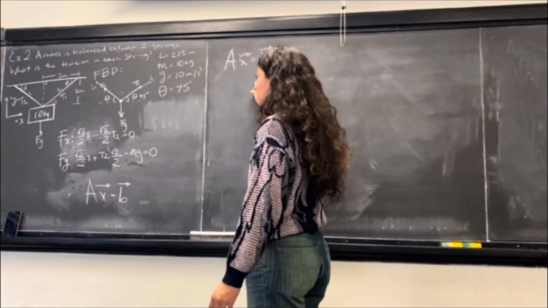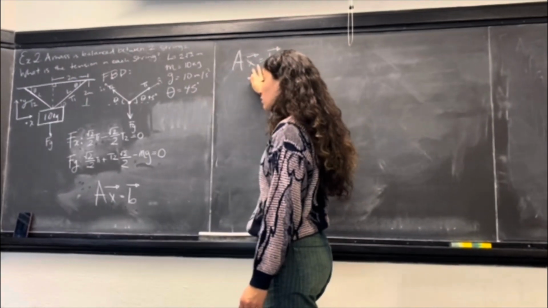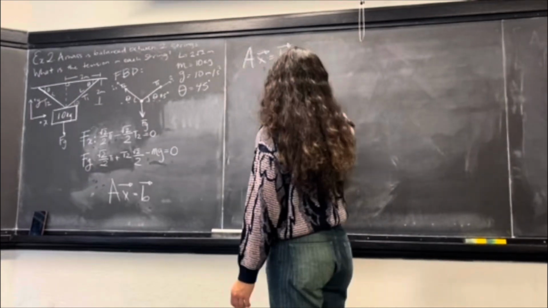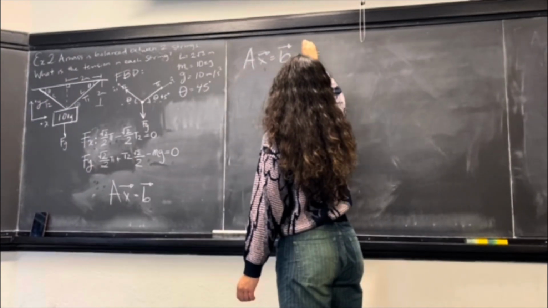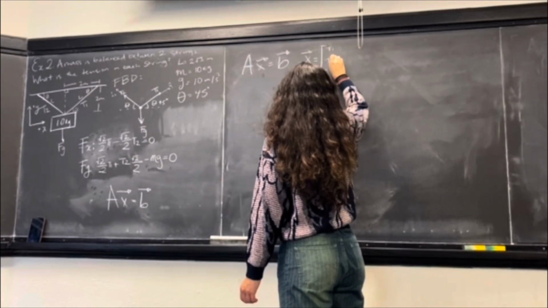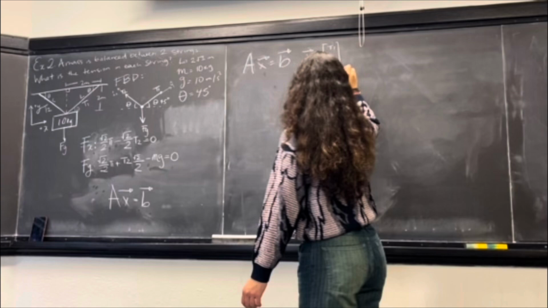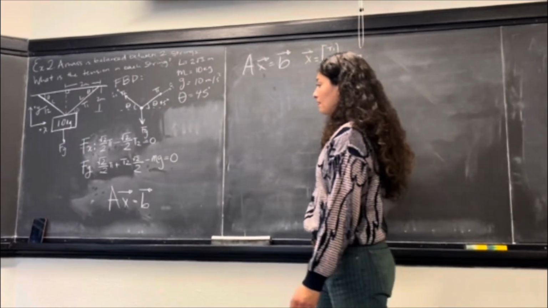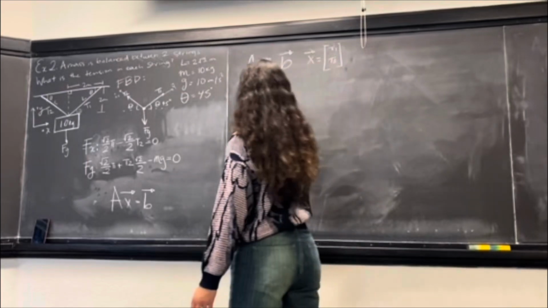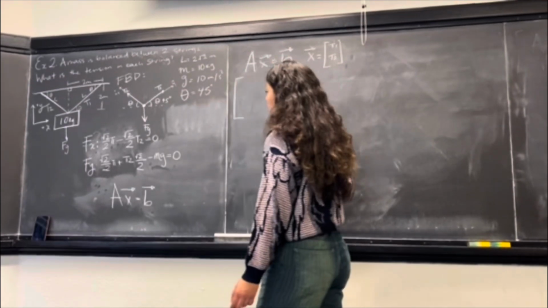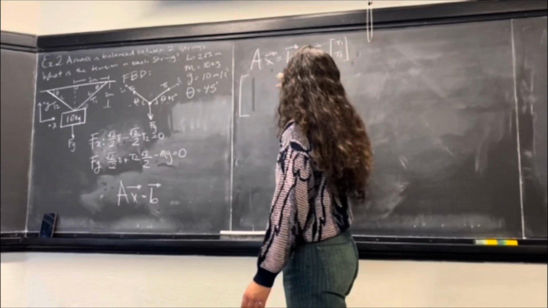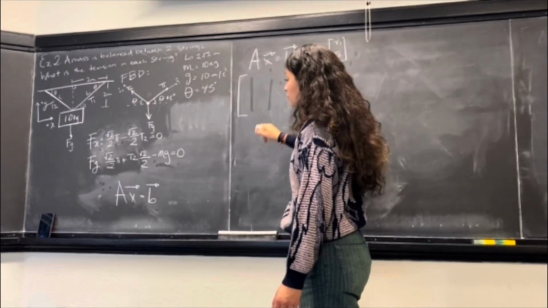In this case, our x is going to be our T1 and our T2, because that's what we want to solve for. So we're going to set it up as T1, T2. Using this as our x, we can then write our A matrix. So this column is T1, and this column is T2.